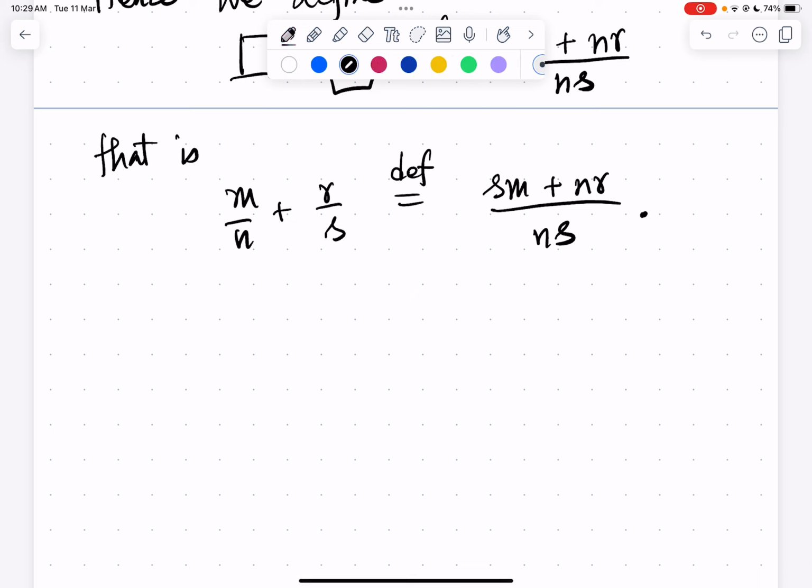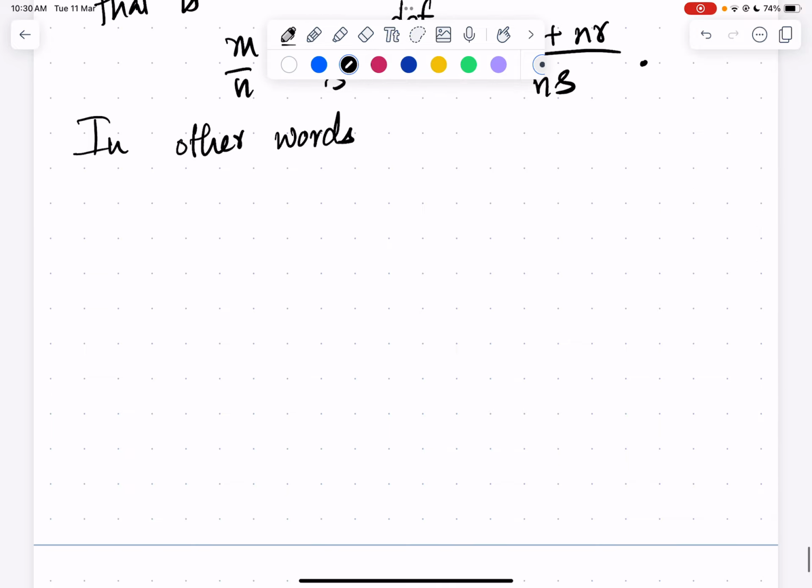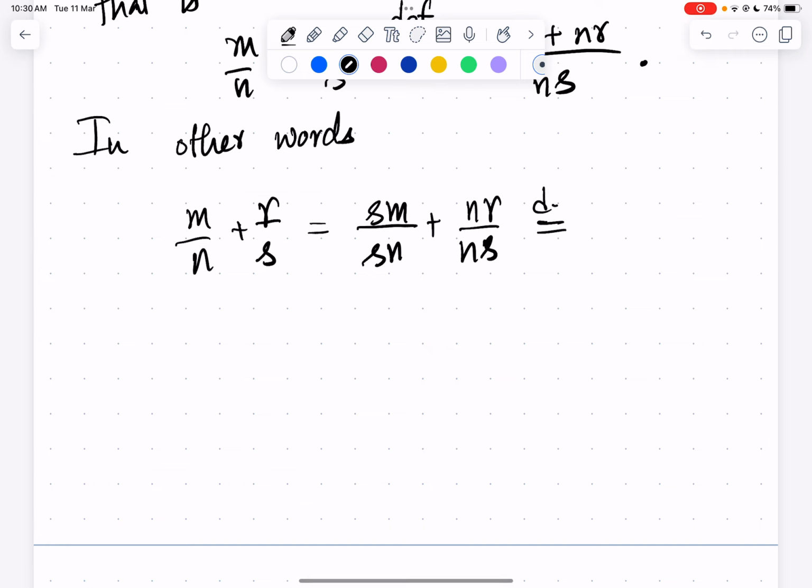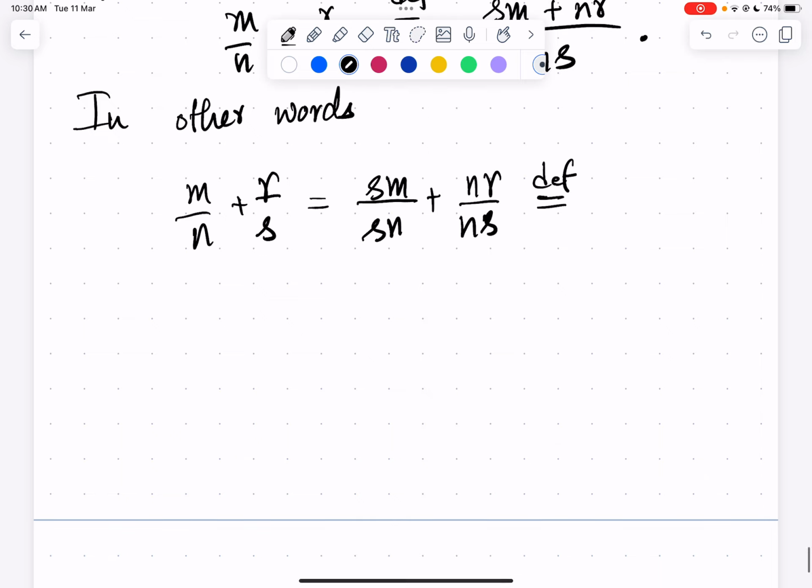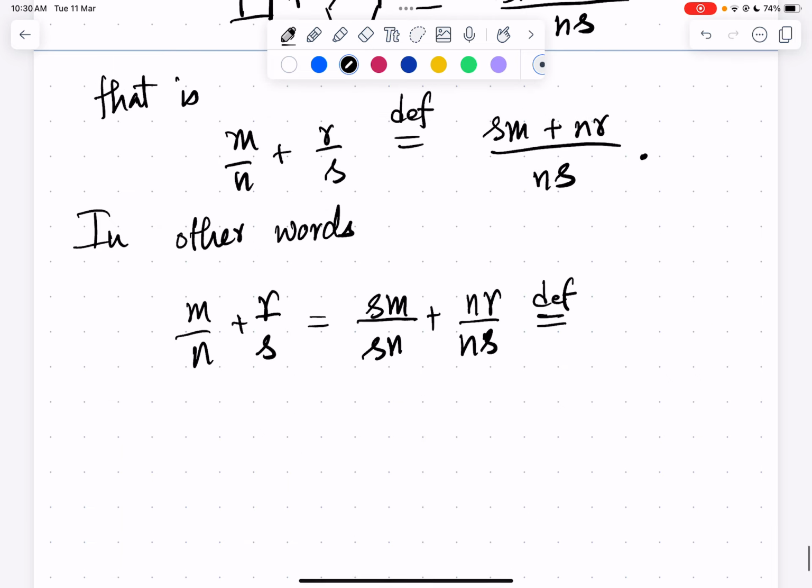In other words, this is the main thing: m by n plus r by s, we can take sm by sn plus nr by ns. So we have the same denominator. This we define to be sm plus nr by ns.